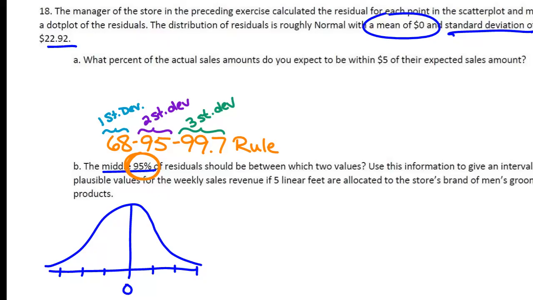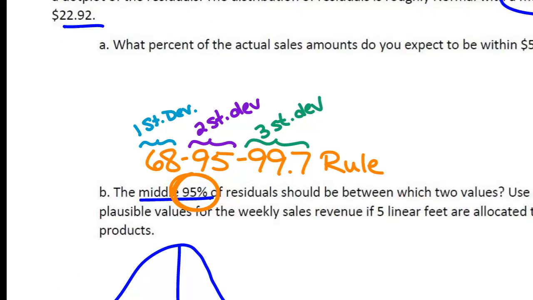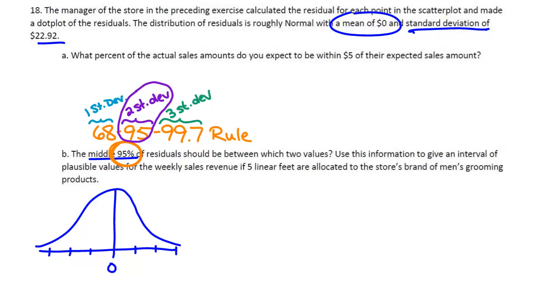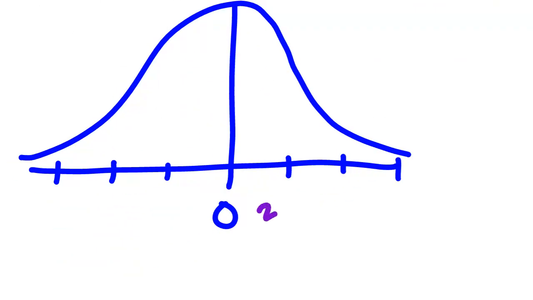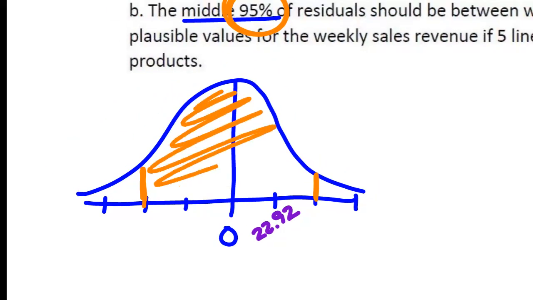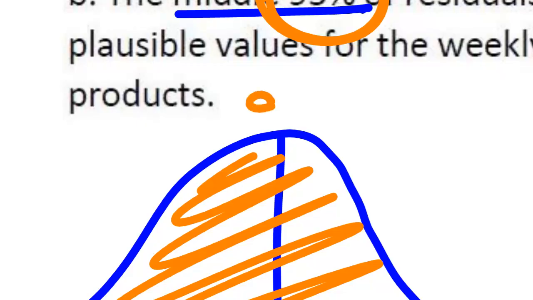So if I want 95%, sorry, I want to go out about 2 standard deviations. Well, how big is 1 standard deviation? 22.92. So I want to go out 2 standard deviations on either side because this right here is approximately 95%.